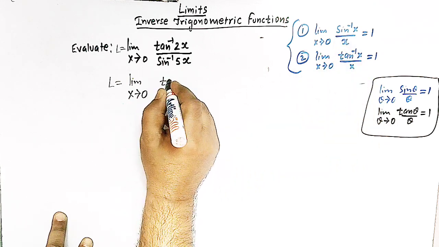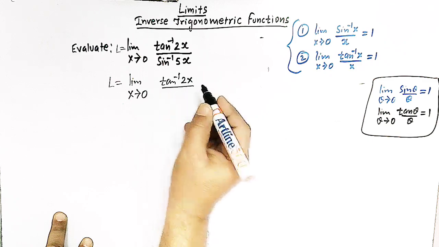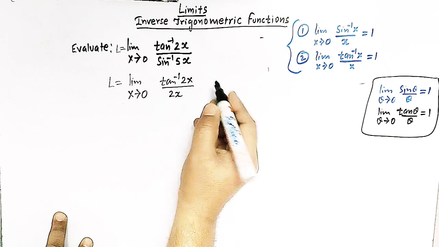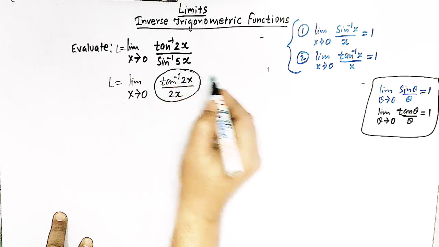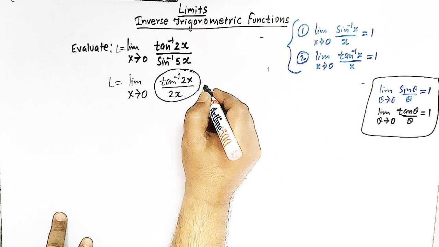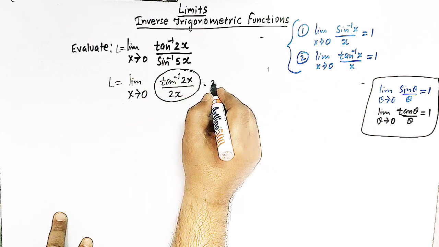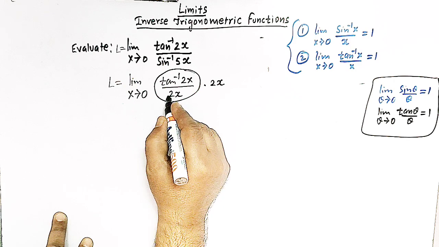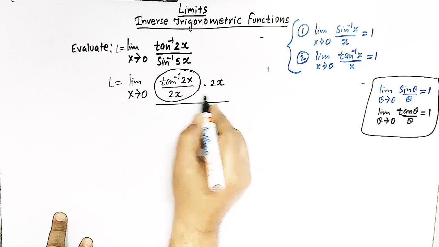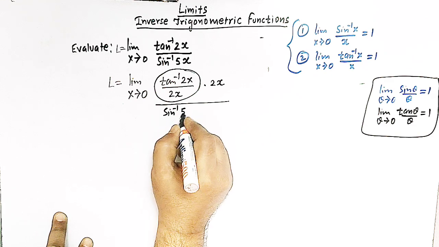So let us write here tan inverse 2x, and we divide tan inverse 2x by 2x, so that we have this form, that is tan inverse x over x, and then we multiply this term by 2x, so that 2x and 2x get cancelled. And in the denominator we have sine inverse 5x.